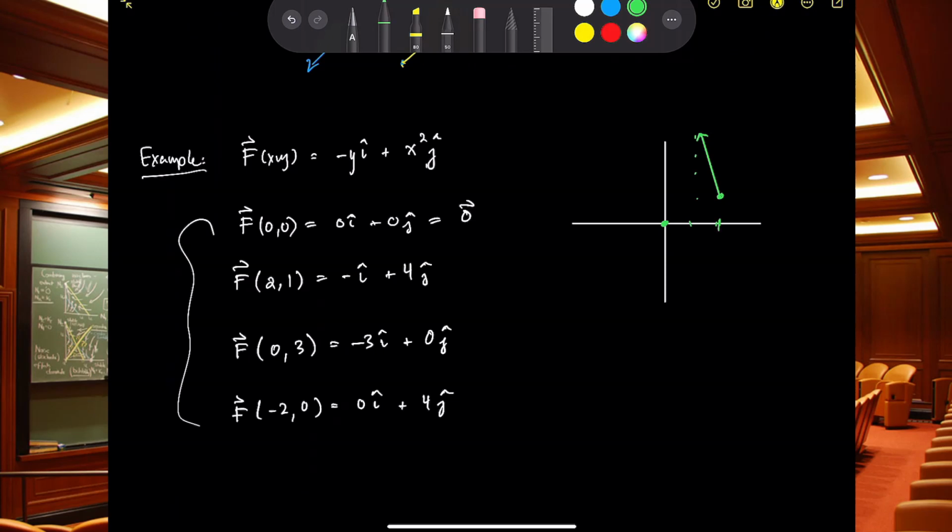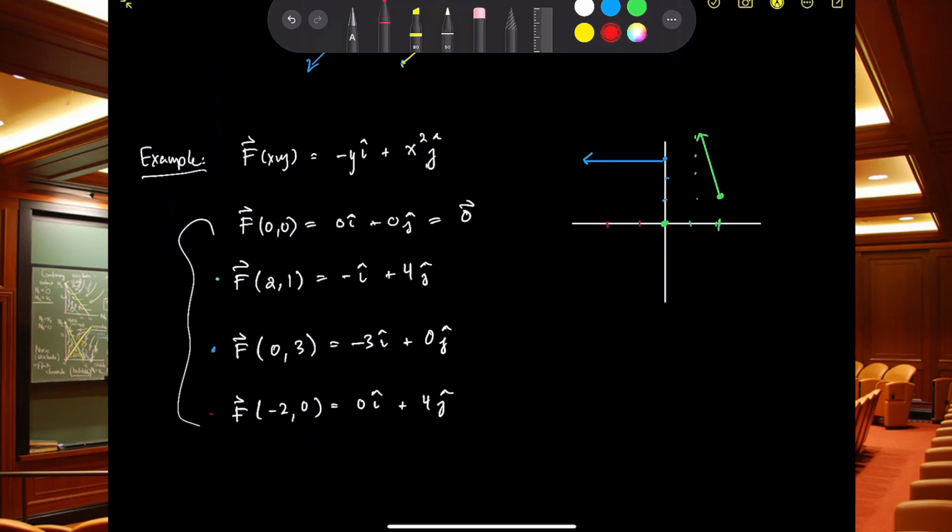At 0, 3, we've got negative 3i plus 0j. So at 0, 3, the vector's pointing 3 to the left and 0 down. At negative 2, 0, I'm at 0i plus 4j.